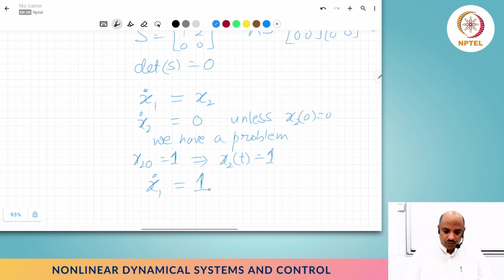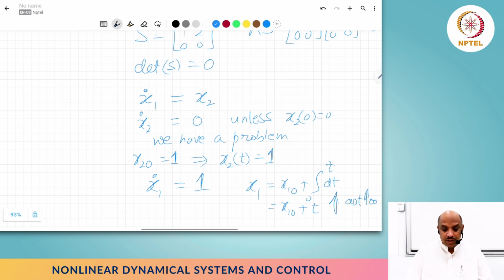Okay. Whatever the initial condition may be, x1 therefore is basically going to be x1 of 0 plus integral 0 to t of dt, and that's equal to x1 of 0 plus t, which is going to go off to infinity as t tends to infinity, right?